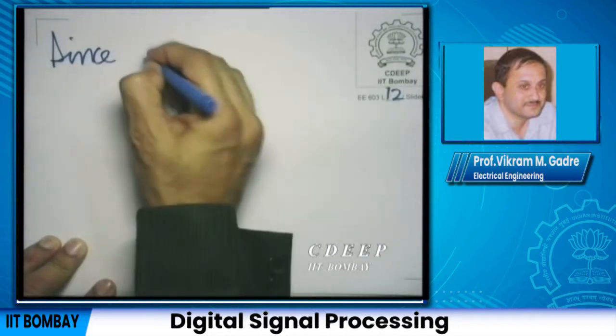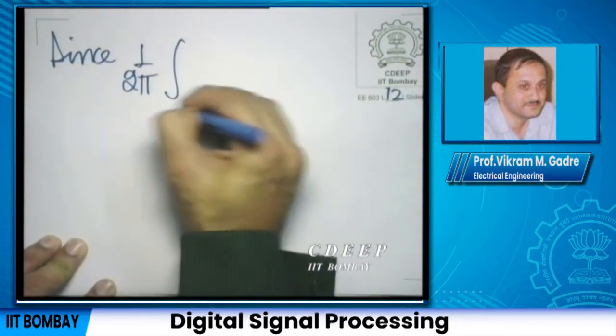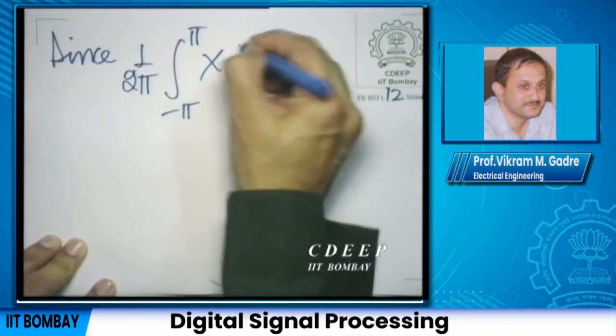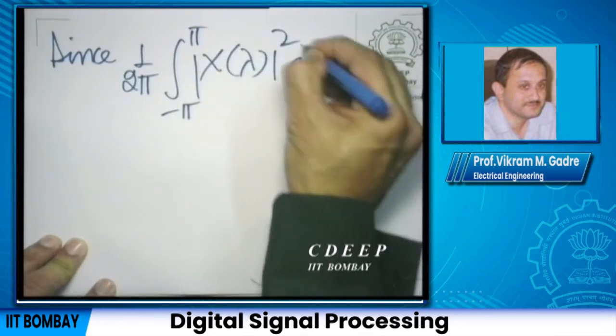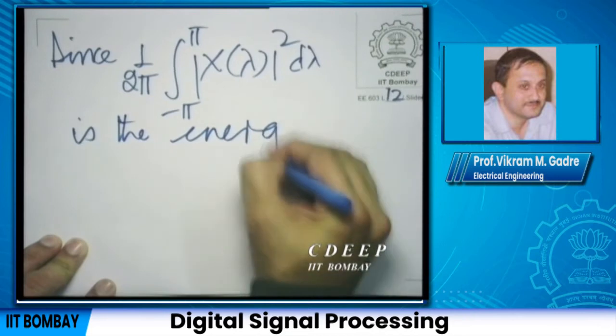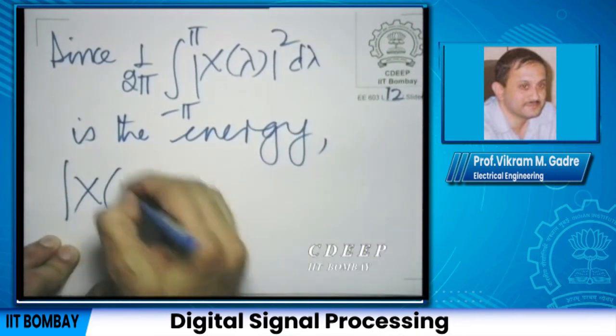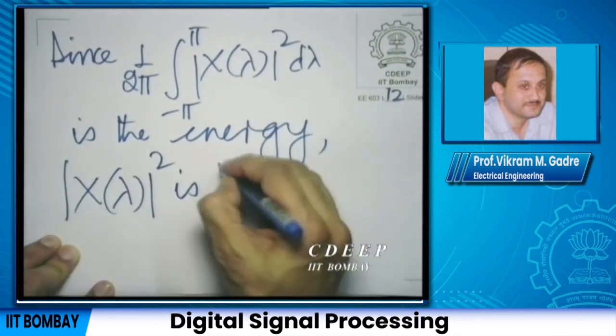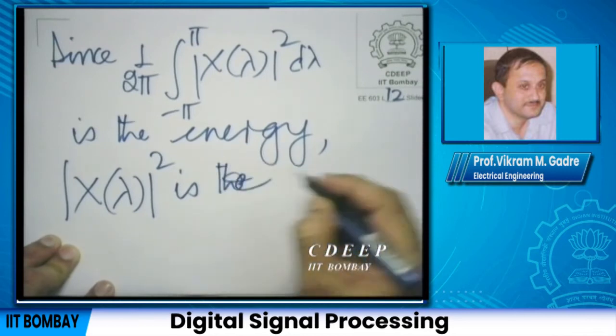Since 1 by 2 pi integral minus pi to pi mod X(lambda) squared d lambda is the energy, mod X(lambda) squared is called the energy spectral density.